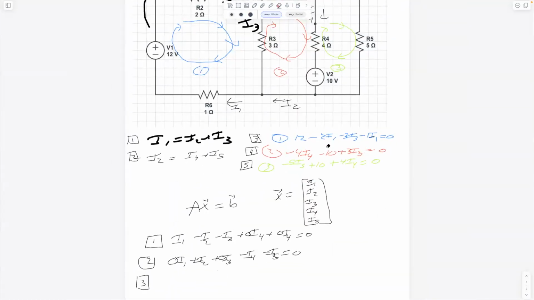So I've got minus 3, but when I move it to the other side, plus 3 I1. I don't have any I2s in there, so plus 0 I2. I've got a 3 I3. The other 2 guys are 0. And then that will equal 12.